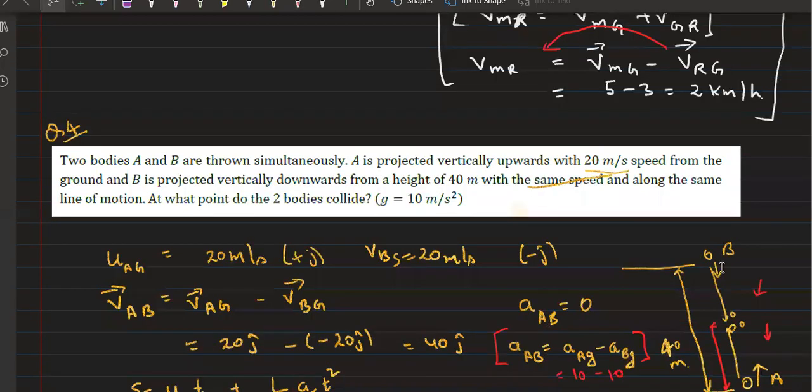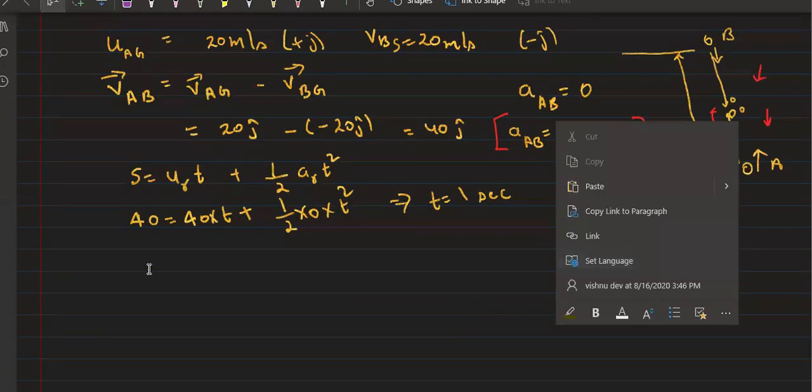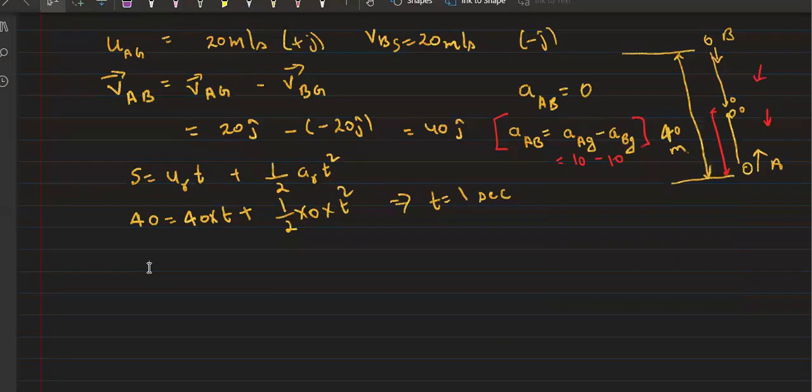So yeah. This distance in red is the distance covered by A. So SA is equal to UA T plus half AA T square. Yes or no?